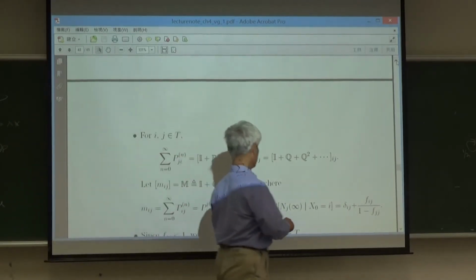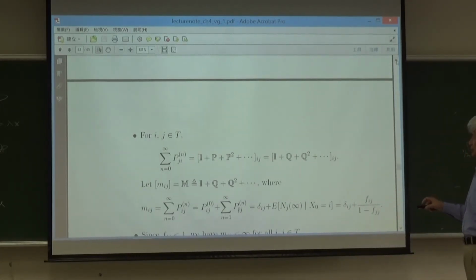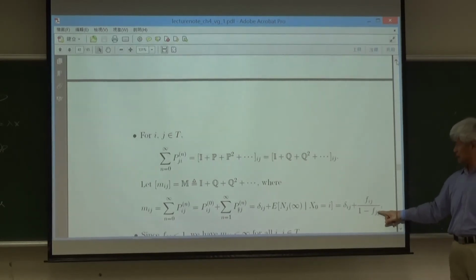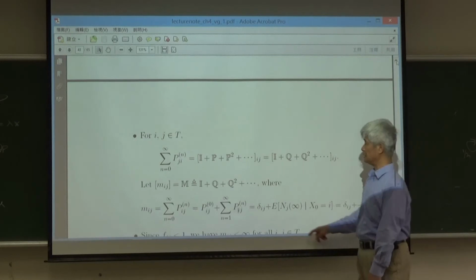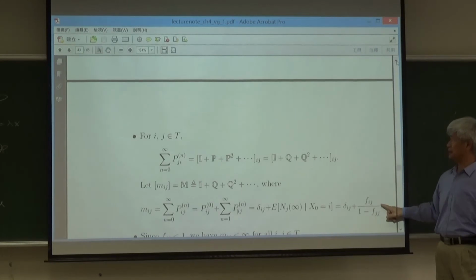And this is the expected total number of visits to state j given initial state i. We already computed that before. It's this quantity here. Because j is transient, fjj is less than 1, the first return probability for a transient state j is less than 1, so the denominator is positive. So this is a finite number. So we prove that the summation Mij is a finite number.